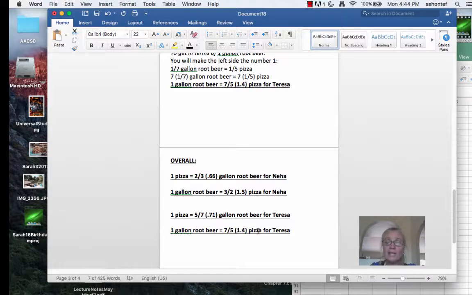So what we find is that trade can actually take place here and be beneficial for both. Because remember, Naya and Teresa both have a limited amount of time available to them, and so we have to make those choices. And if one of the two can do something at a lower opportunity cost, or in essence has a comparative advantage, then we need to go ahead and trade.